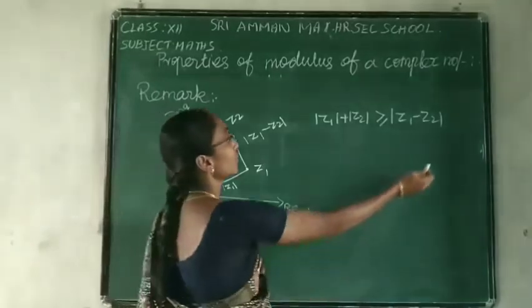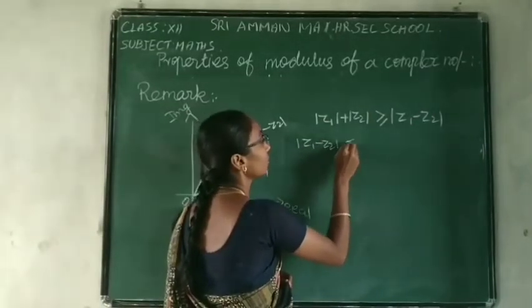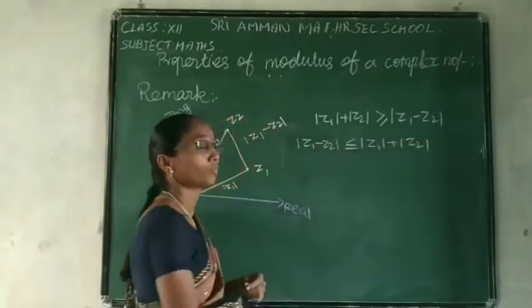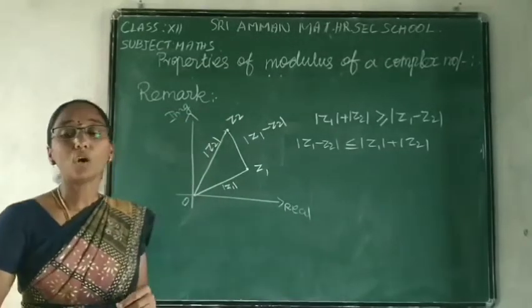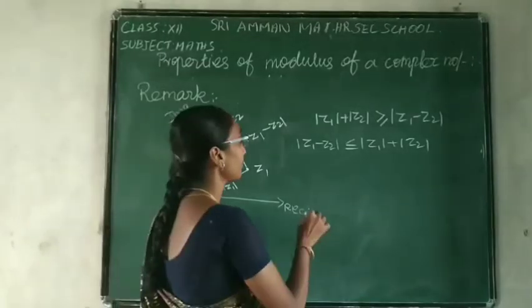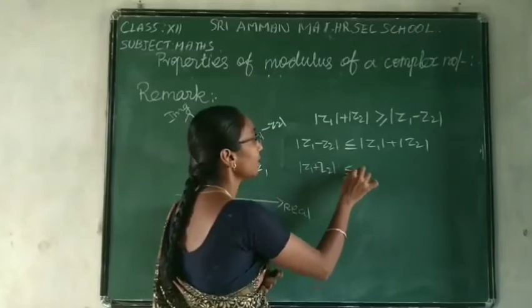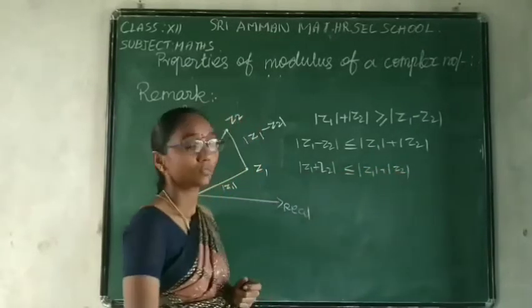Now I write this side as the modulus of Z2. So the modulus of Z1 plus the modulus of Z2. You already know the triangle inequality: the modulus of Z1 plus Z2 is less than or equal to the modulus of Z1 plus the modulus of Z2.